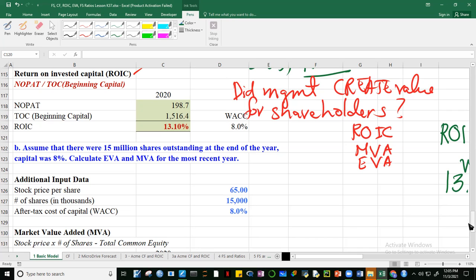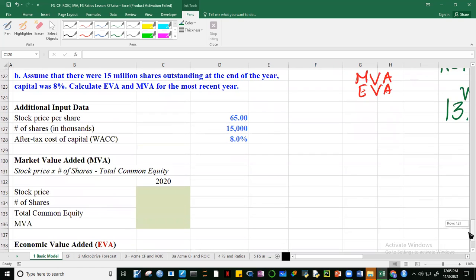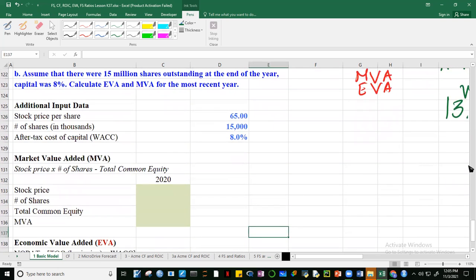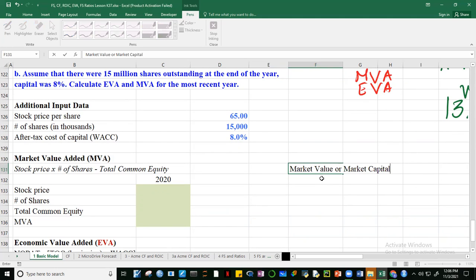In order to compute for the market value added, we first have to learn how to compute for market capitalization, or market value. So we're going to include this in our computation.